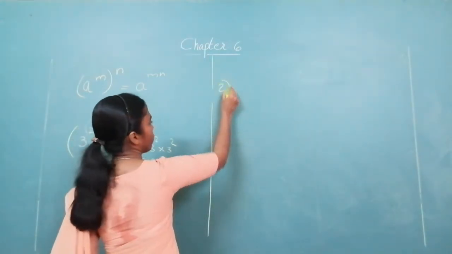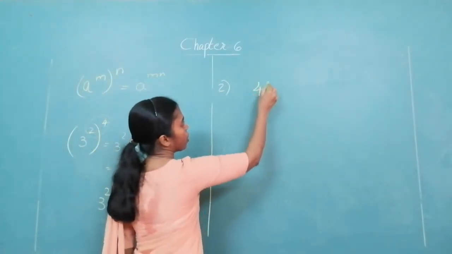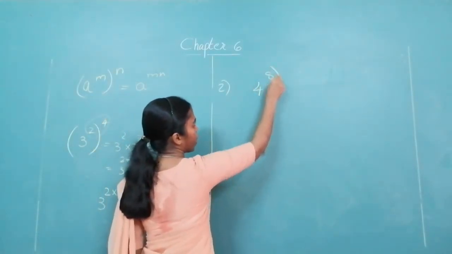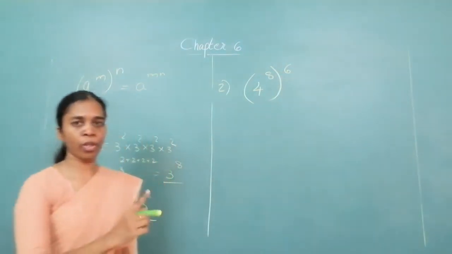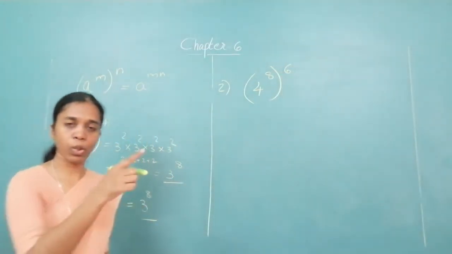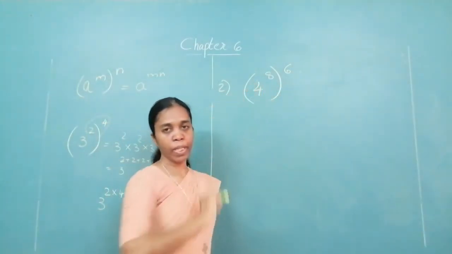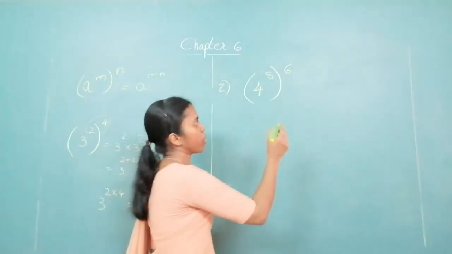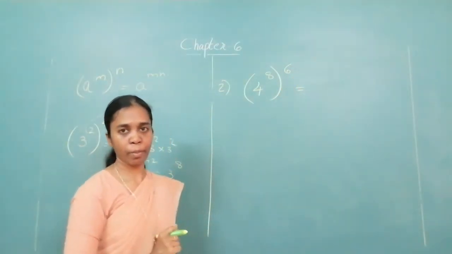Suppose I have (4 raised to 8) raised to 6. What is the meaning of it? 4 raised to 8 is multiplied 6 times. Okay. Now how do we solve it? We don't have to solve it by adding and multiplying.